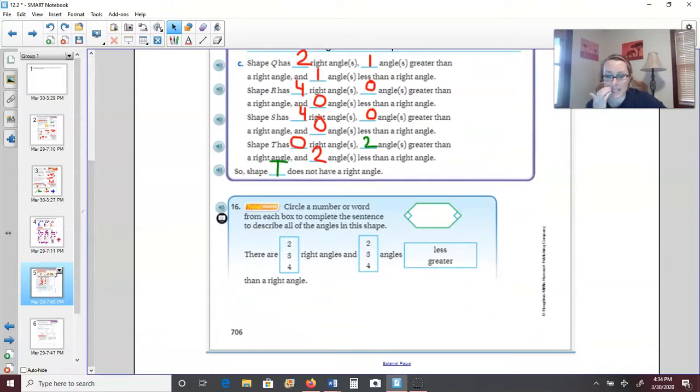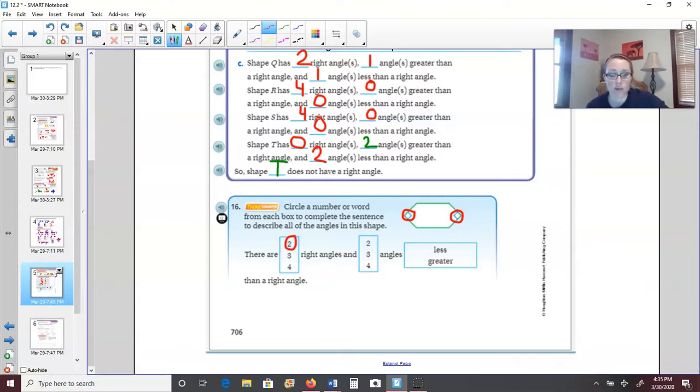All right, number 16, circle a number or word from each box to complete the sentence to describe all of the angles in this shape. There are 2, 3, or 4 right angles. Well, because I see those symbols in the corner here, these symbols tell me that those 2 angles are right. So there's 2 right angles.